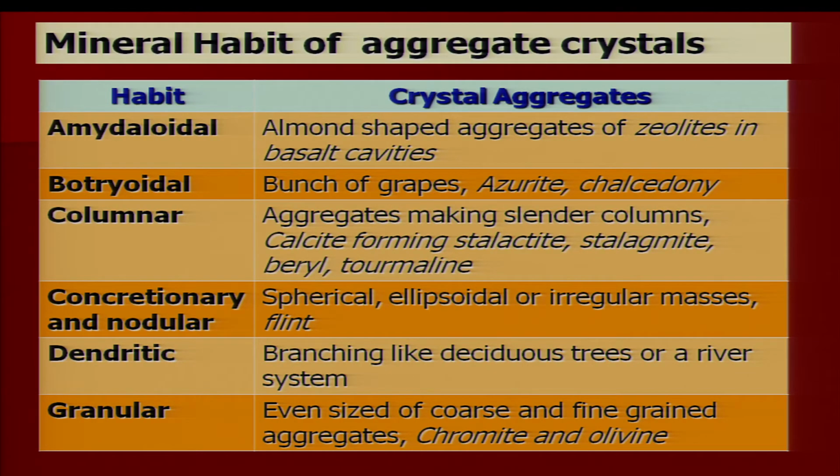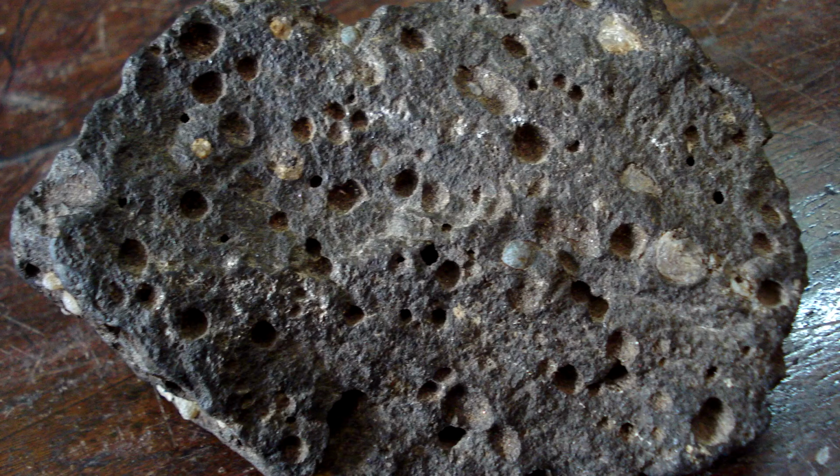Now, mineral habit of aggregate crystals. What is that? Habit in crystal aggregates. Under this category, there are various types of habit: amygdaloidal, botryoidal, columnar, concretionary, nodular, dendritic and granular habit. Amygdaloidal means almond-shaped aggregates of zeolite in basalt cavities.